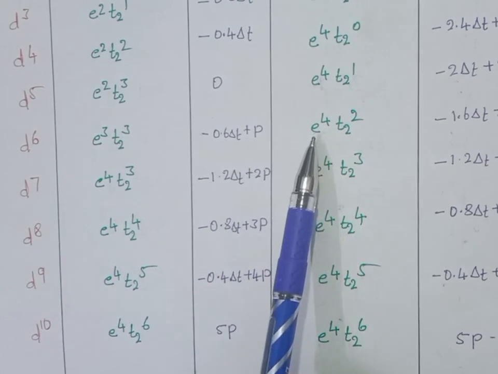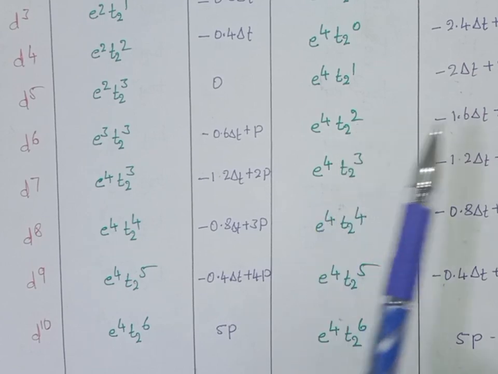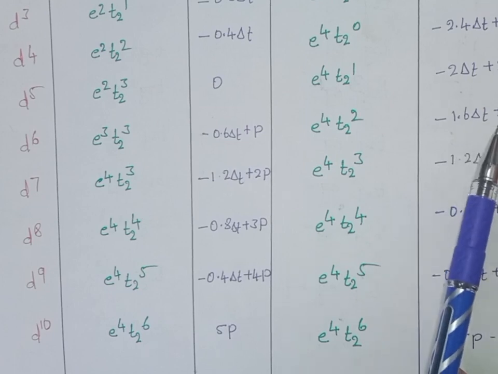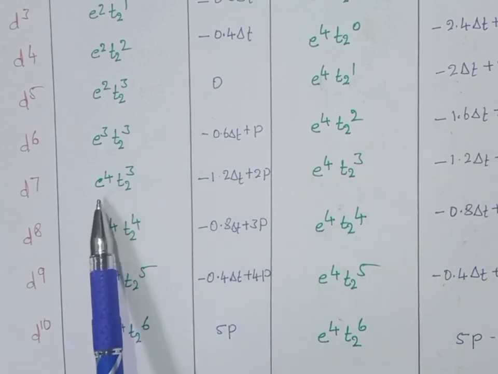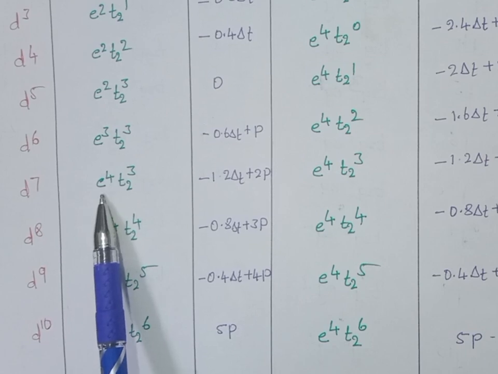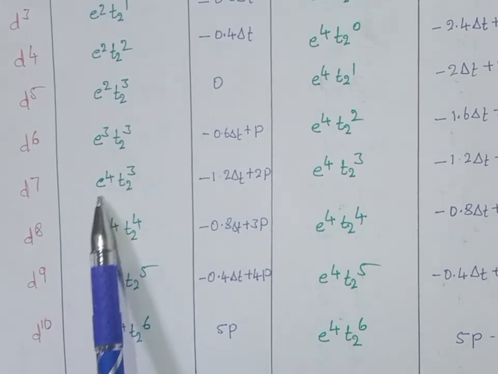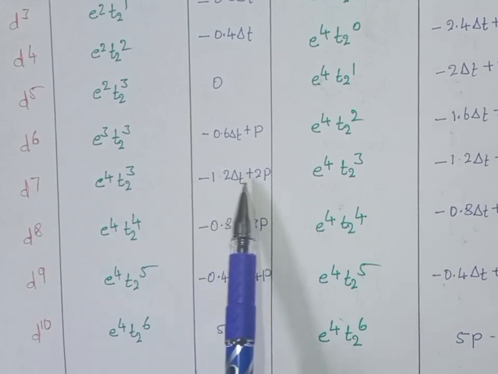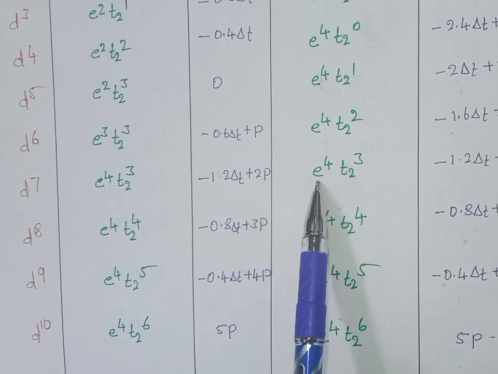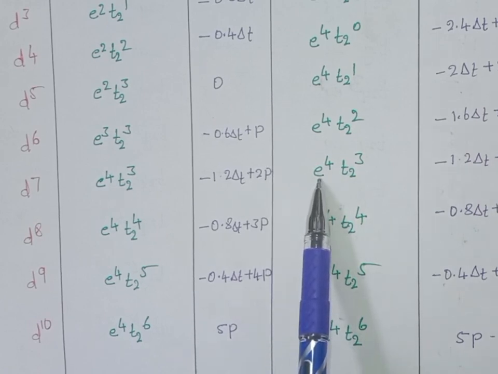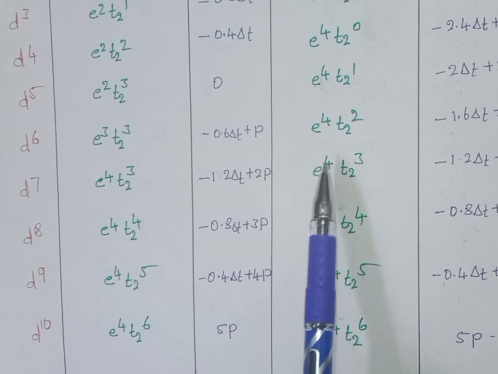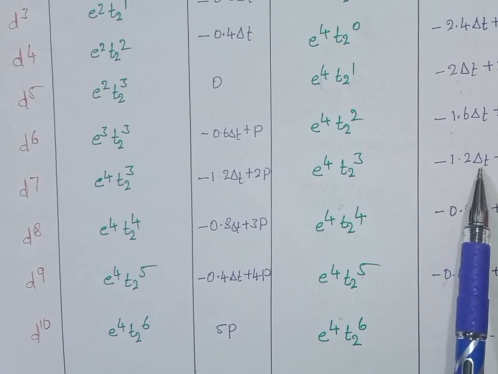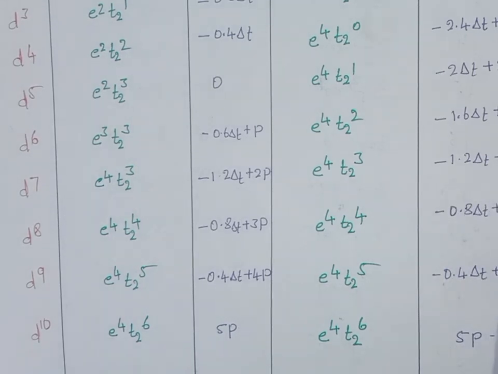For a strong field complex, e4 t2^2 and the calculated CFSE is minus 1.6 Δt plus 2 pairs. And for the d7 system, the electron configuration for a weak field complex is e4 t2^3 and the CFSE is minus 1.2 Δt plus 2P. The electronic configuration for a strong field complex is e4 t2^3 and the calculated CFSE is minus 1.2 Δt plus 2 pairs.